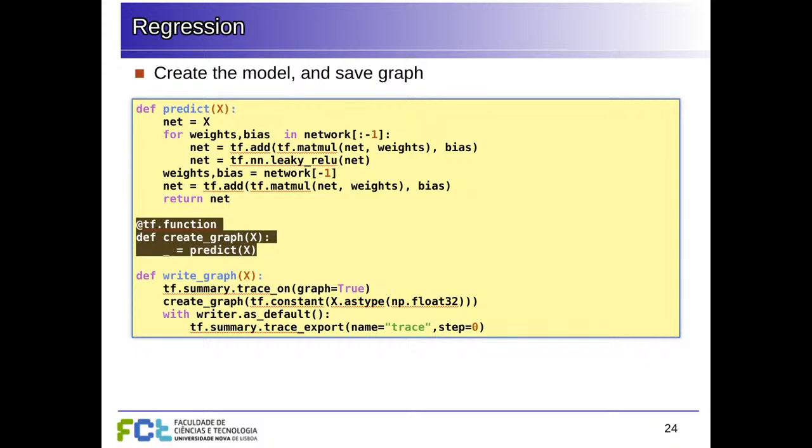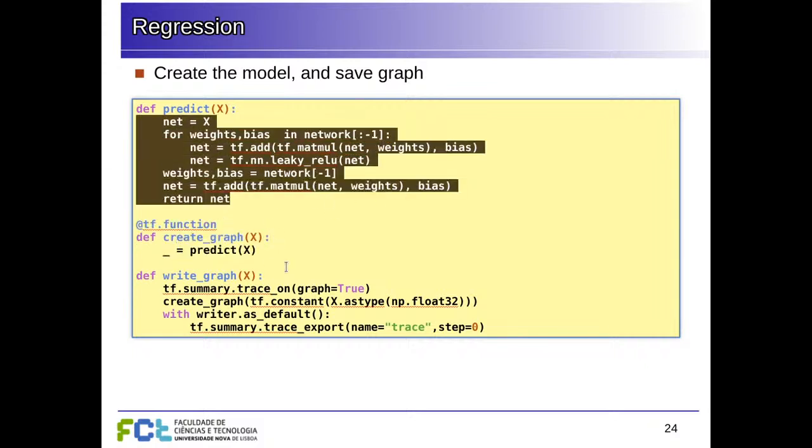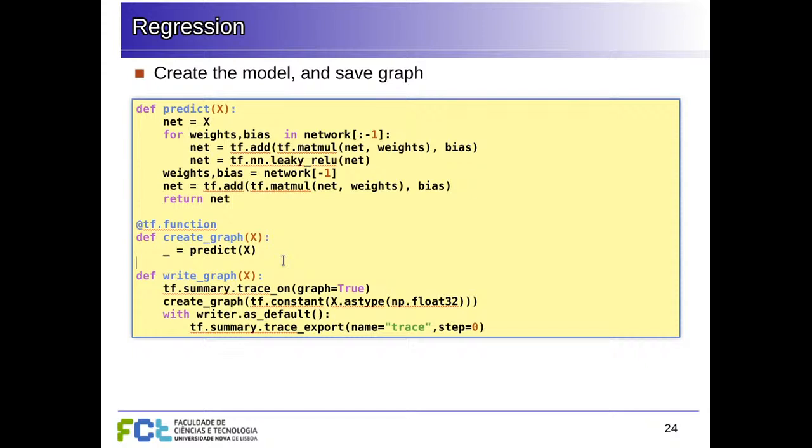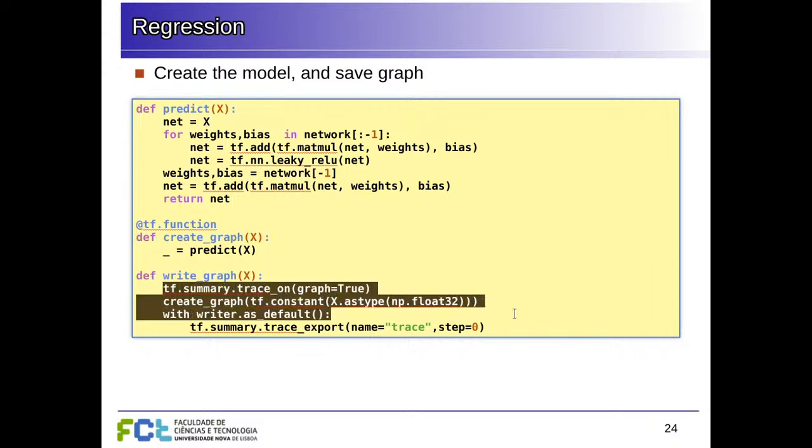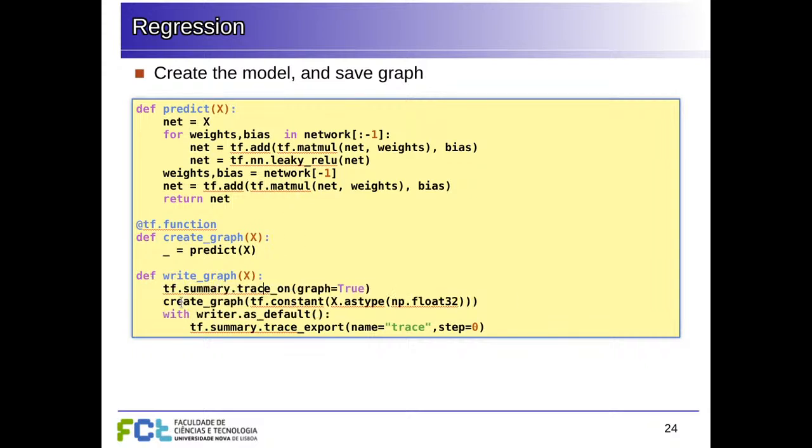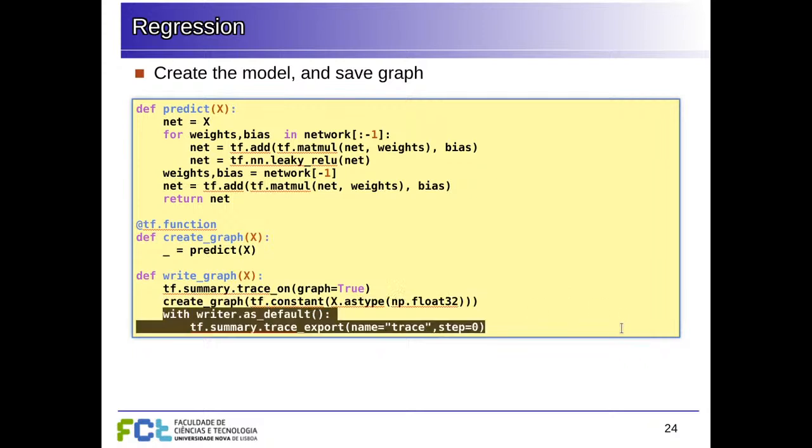Now, if I want to create a graph, I just call the predict here. So I'm actually creating the graph of my model without the loss function in this case. And I can now write the graph. So the same thing as before, I turn on the trace for the summary, I create the graph, and then I write it to the log.